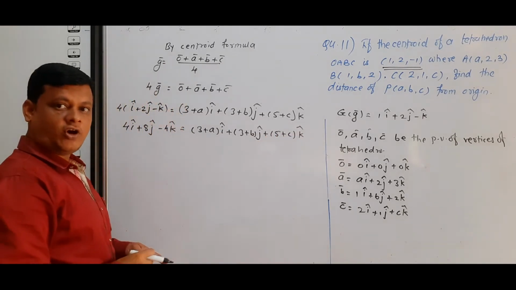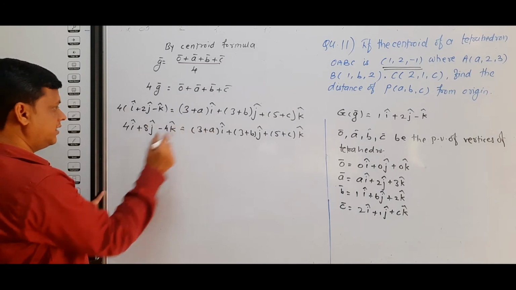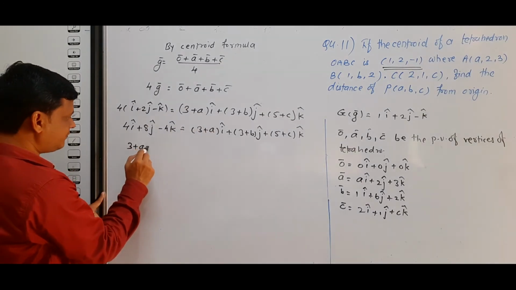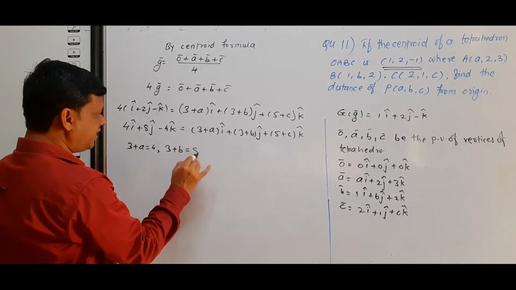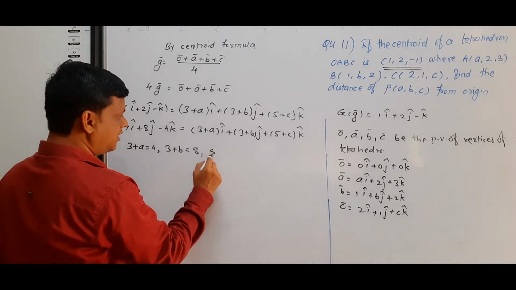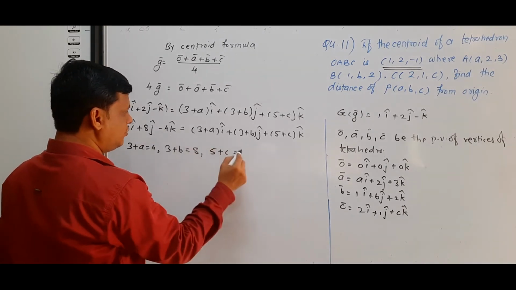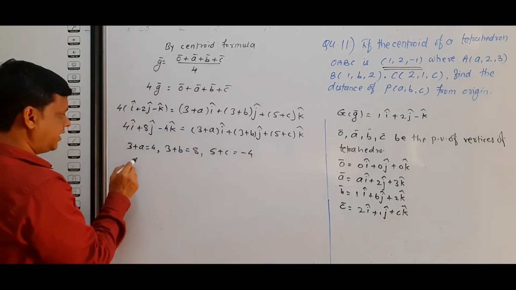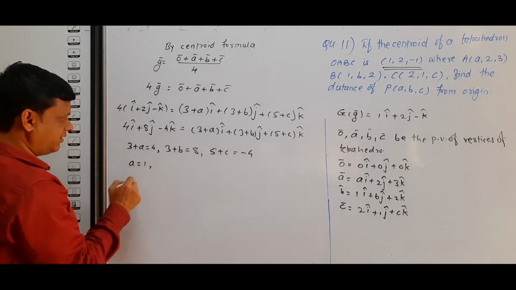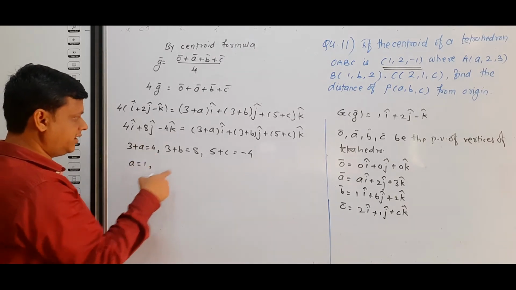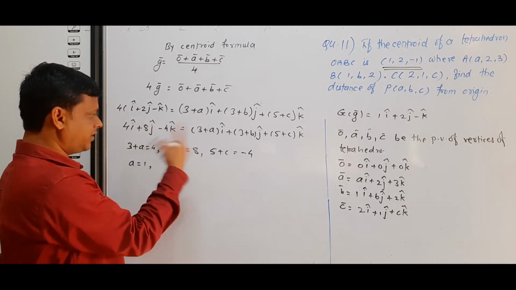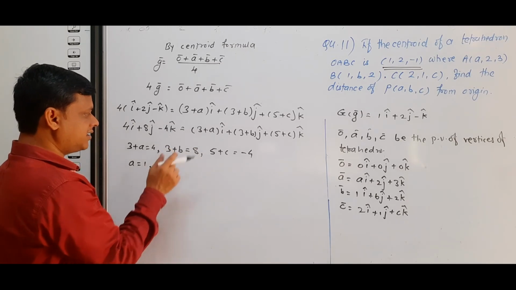Now by equality of vectors, we write here 3 plus A equals 4. Second, 3 plus B is equal to 8. And third, 5 plus C is equal to minus 4. So we get A equals 1, after transferring the 3 to the right hand side, we get 4 minus 3 as 1. After transferring the 3 to the right hand side, we get 8 minus 3, that is 5.